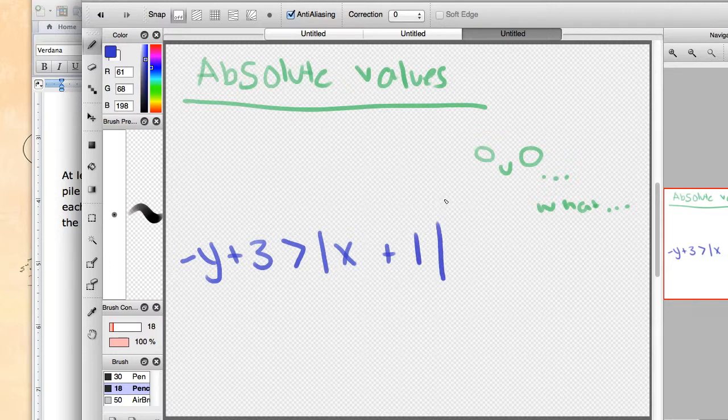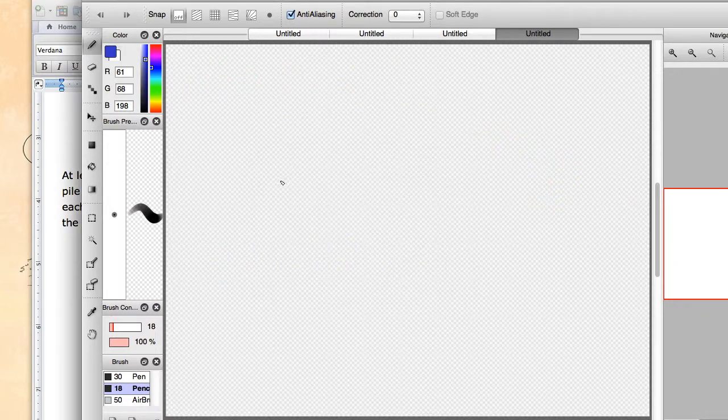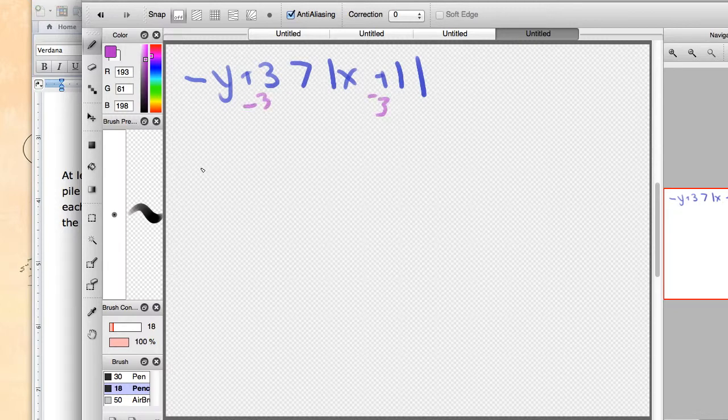Rewriting the question, we need to solve for y by itself, so we subtract 3: negative y is greater than the absolute value of x plus 1, minus 3.